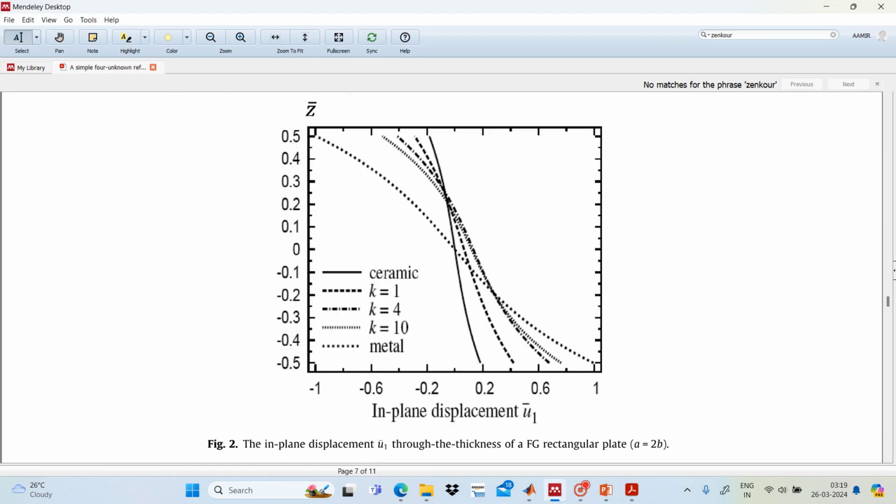It has shown k equals 0, meaning ceramic, and k up to infinity, that would be metal. So k is varied from ceramic to metal. If the k value is very large, we can say it is a metal, and if the k value is very small, almost 0, we can say it is a ceramic, and in between the variation is done.